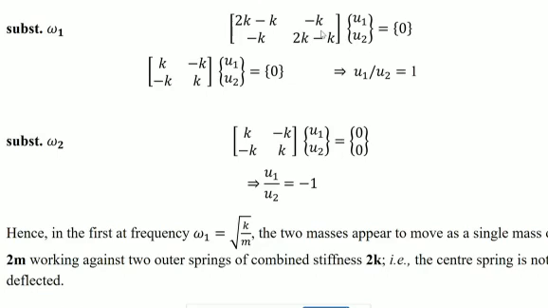For non-zero solution, the remaining n minus 1 variables will be expressed in terms of the remaining nth variable, and therefore the ratio we get u1 by u2 equal to 1, and for the second mode we get u1 by u2 equal to minus 1.